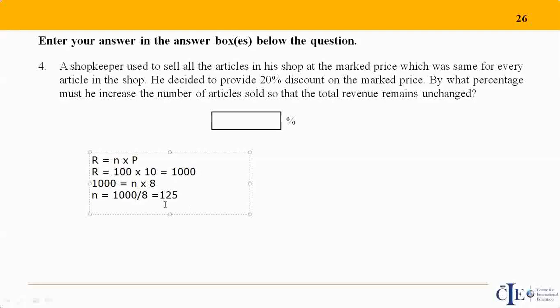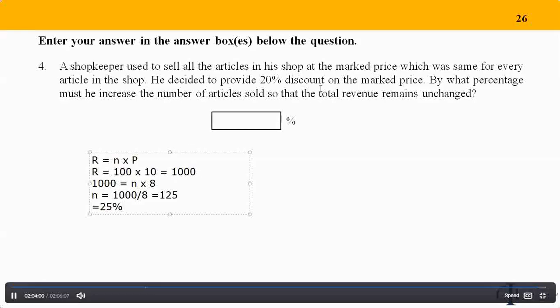So here he needs to sell now 125 articles, which is 25 more than the previous 100, and hence the percentage change will be 25%. So he has to increase his sales by 25%.